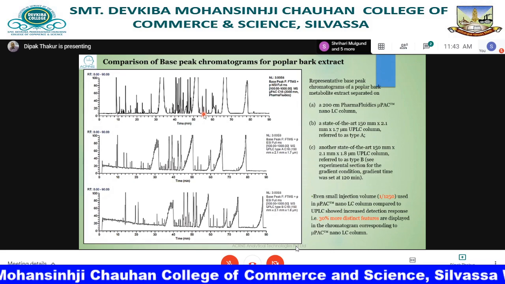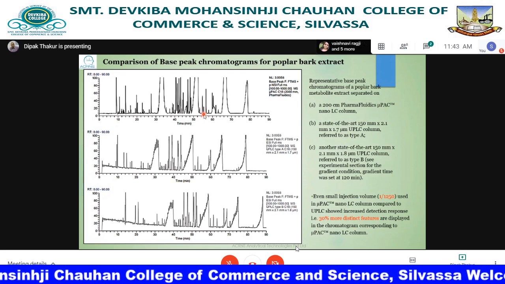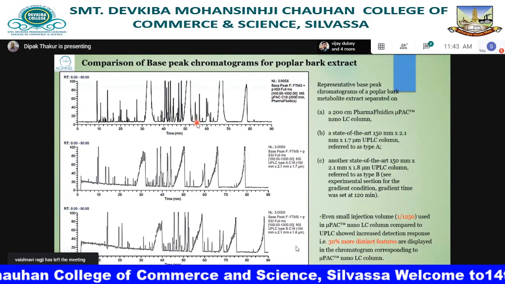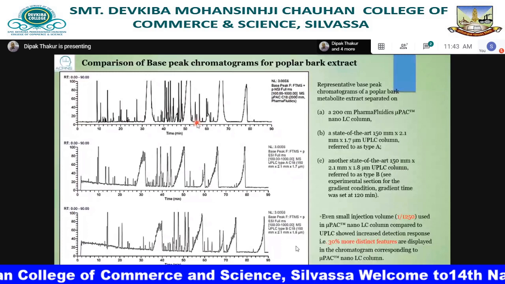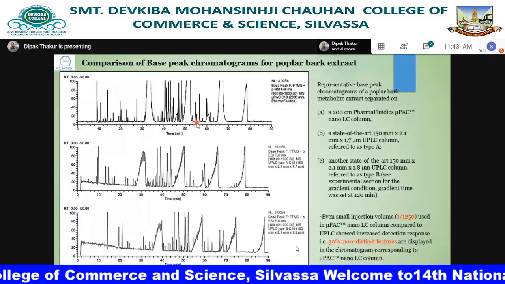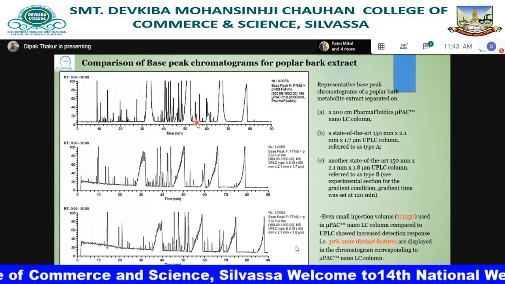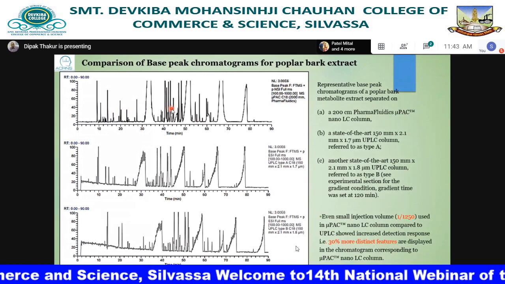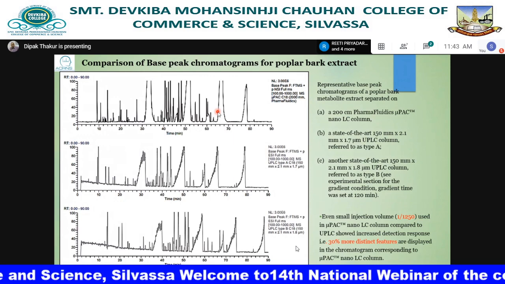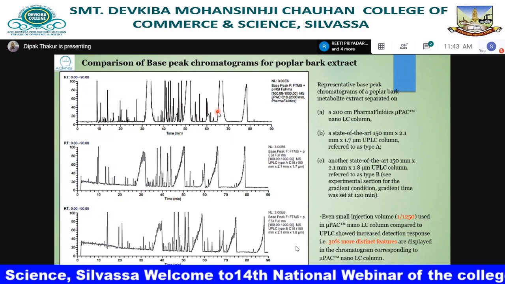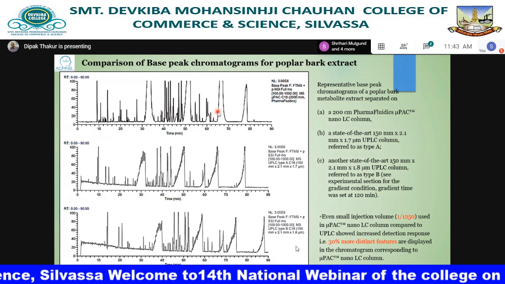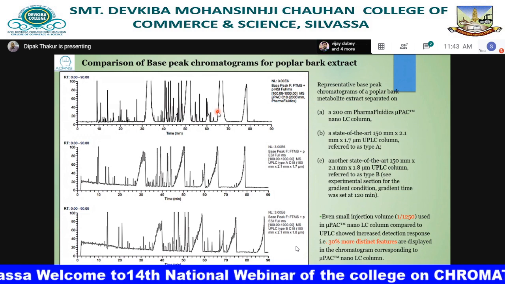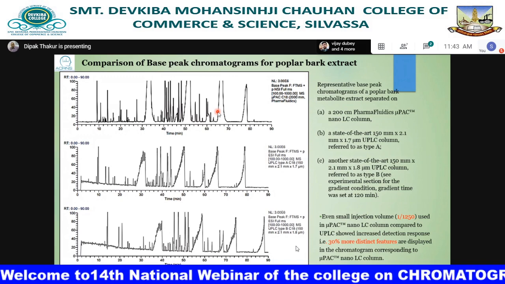Everything, whatever you see, is added up and you see the signal. Base peak: when the spectrum is taken, the intensity of the most abundant peak is taken and plotted. So here, only the most abundant compounds in a spectrum are plotted. But in the spectrum, there are so many more compounds, metabolites present, which are low in abundance. So a lot of information you get.